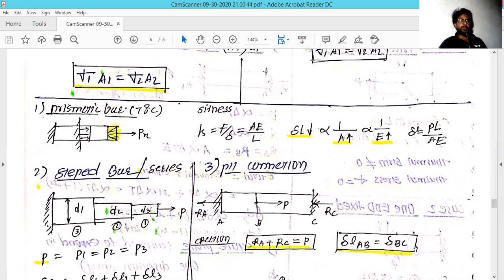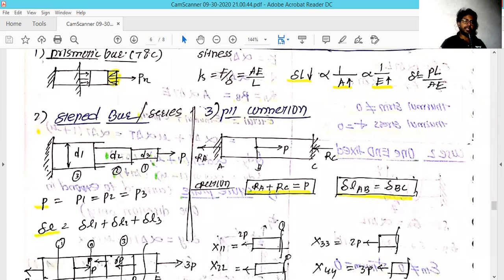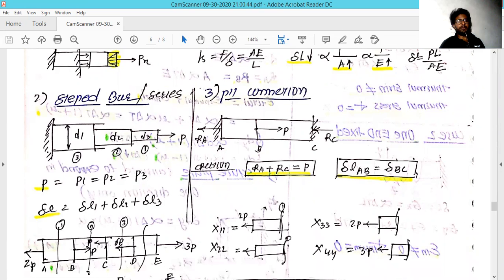And now we move to another concept, where it shows that one tapered rod will be there, with different cross sections combined together, and it forms a series compound rod. So first it holds D1 and length L1, D2 and L2, and D3 and L3.